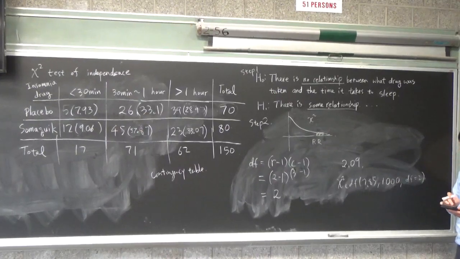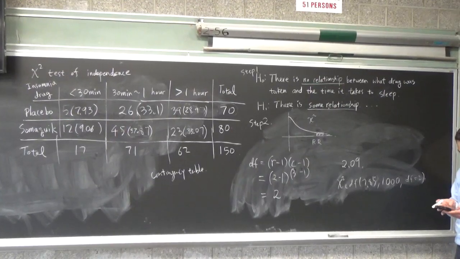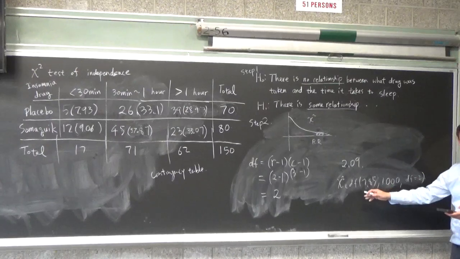Where do you get the 7.85 from? The chart that I found on Google. Fair enough. When I put in 7.815, it comes out to 0.02. Did you use PDF?